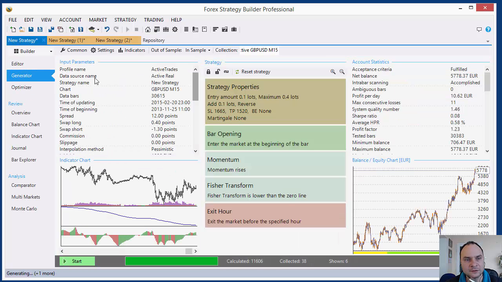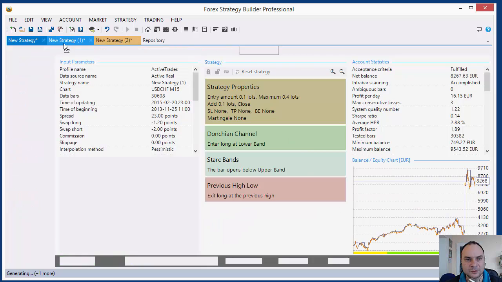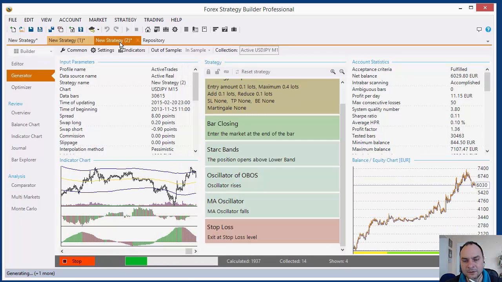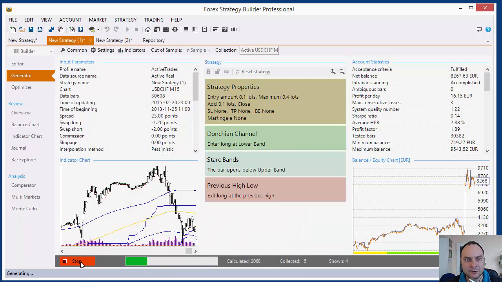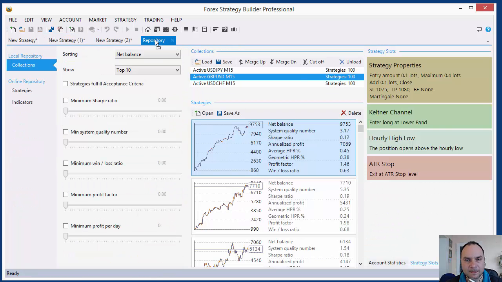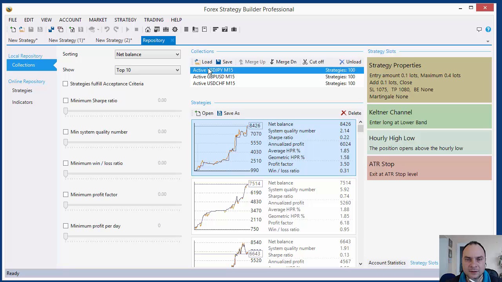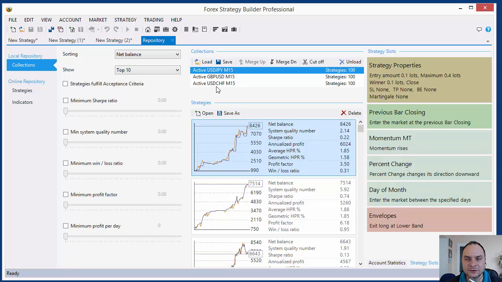Now this generator stopped, Great Britain USD, but these 2 are still running. But it's not a problem, I can stop this, and I work only with the collections. A collection contains a maximum of 100 strategies, and these strategies are arranged internally by net balance.